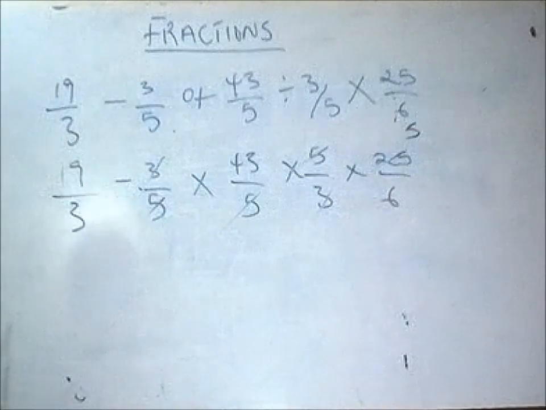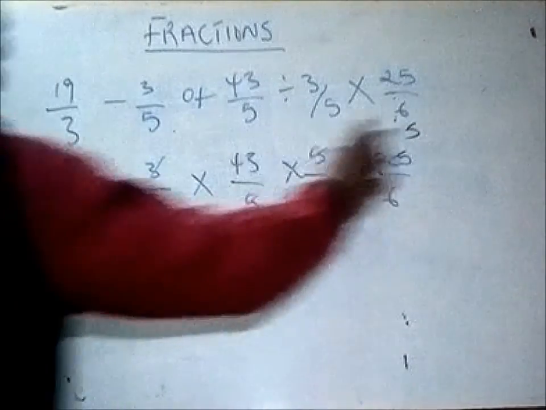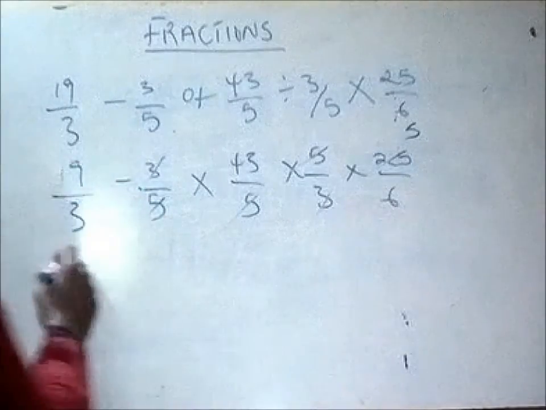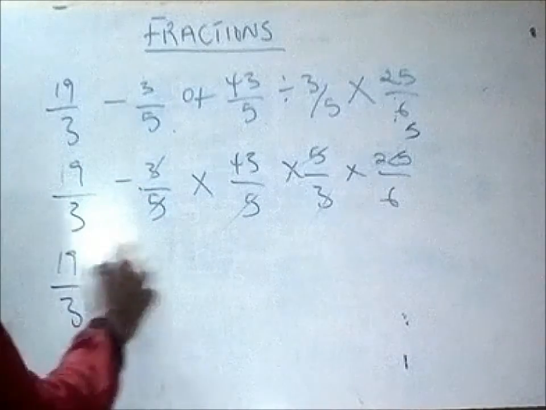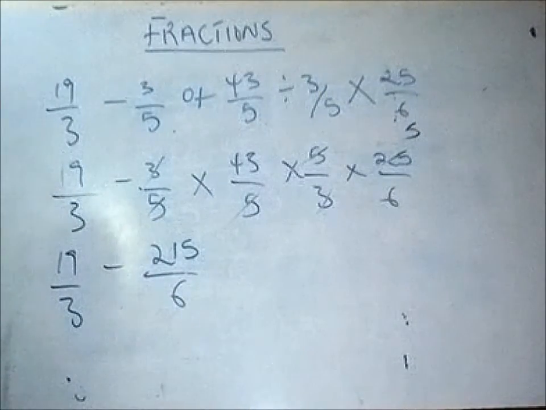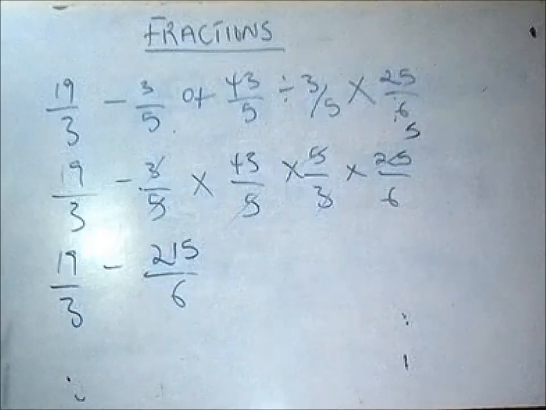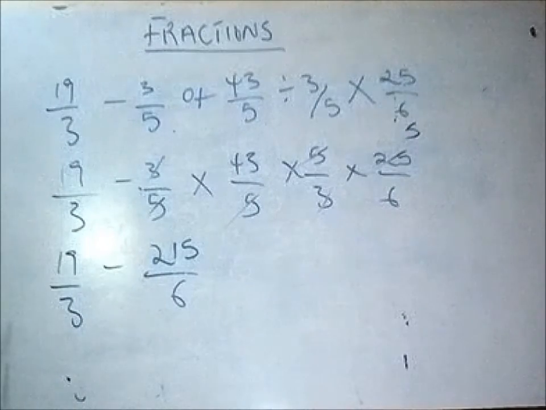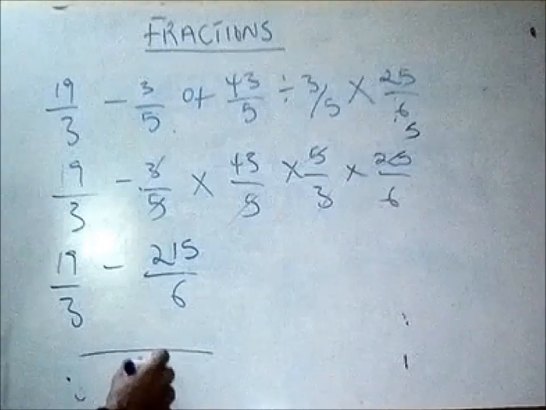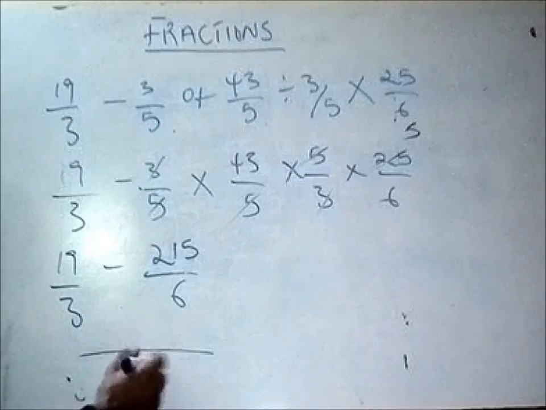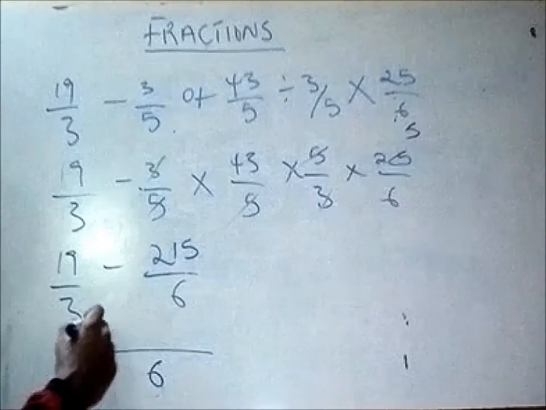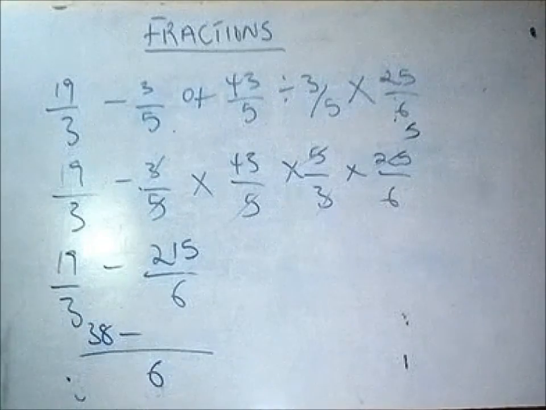So I think we're left with 43 and 5. So we have it, and then 6 as the denominator. So we have 19/3 minus 5 times 43, which is 215/6. So I've gotten to this point where we can just subtract now. If we find the LCM here to be actually 6, this will be 2 times 19 is 38 minus 215.